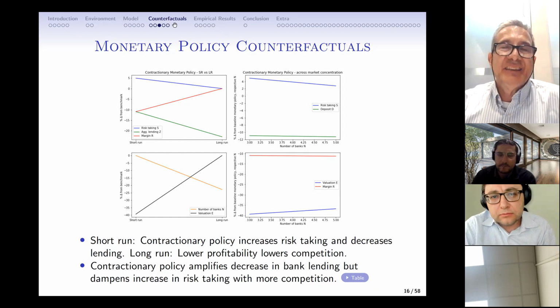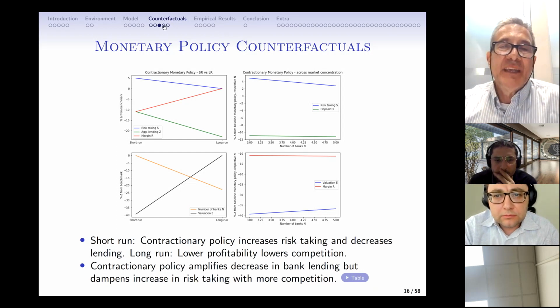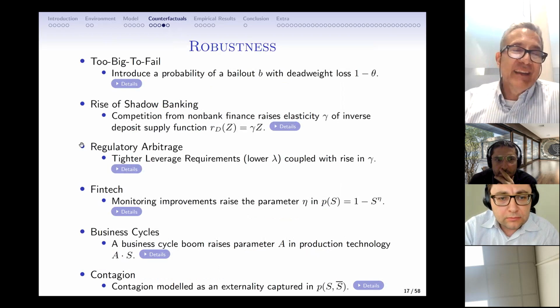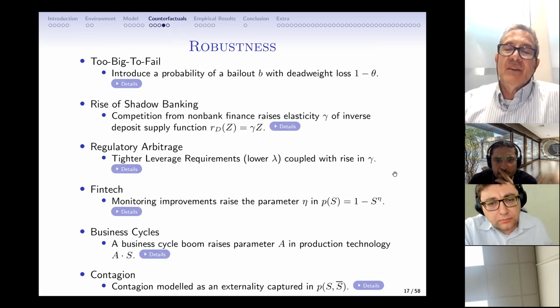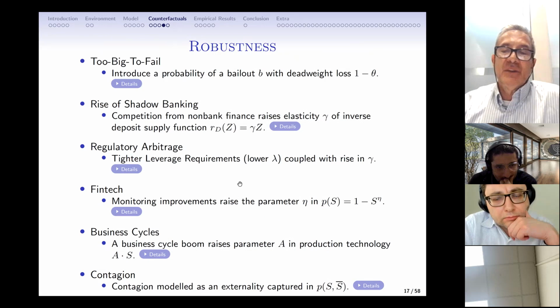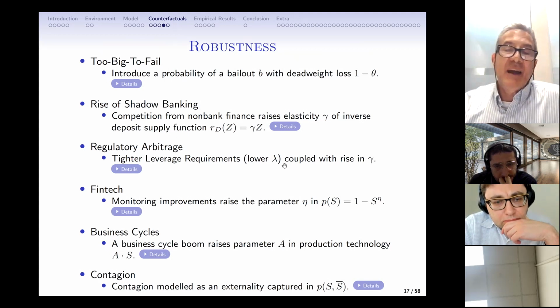Let me say, how can I think about regulatory arbitrage? One way to think about regulatory arbitrage would be to change a couple of parameters at the same time.